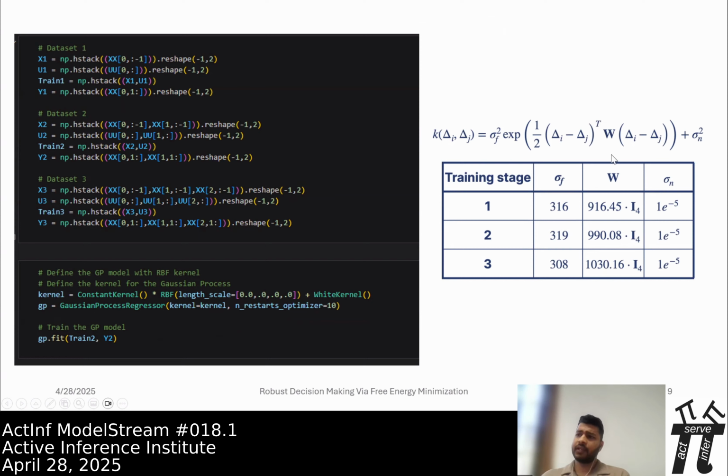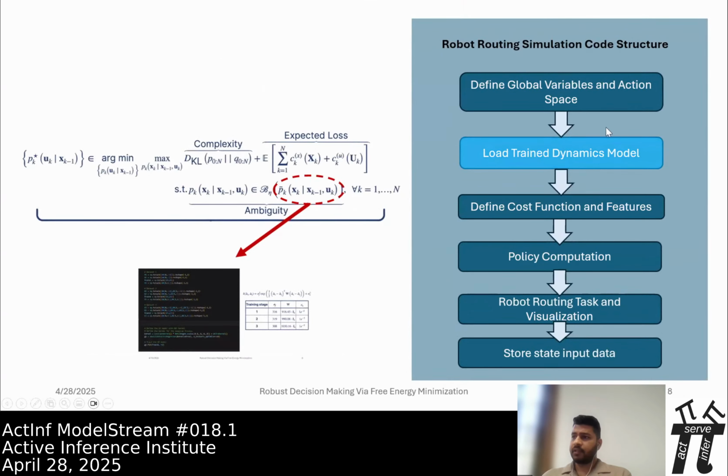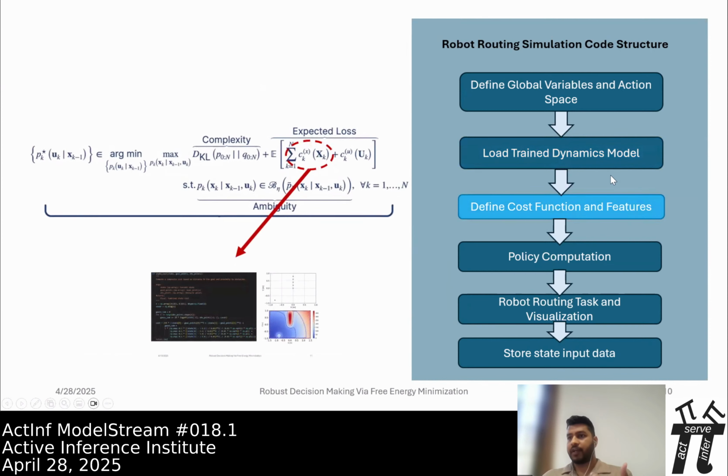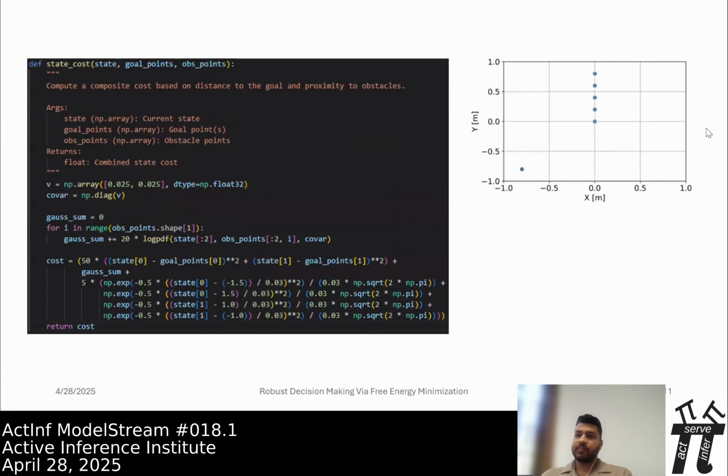Now we take these models and move on to defining our cost function for the expected loss. The loss function consists of 3 terms. The first term in the cost is the squared distance between the goal point and the state. The second term, the Gauss sum, is an RBF kernel, again centered around the obstacles.